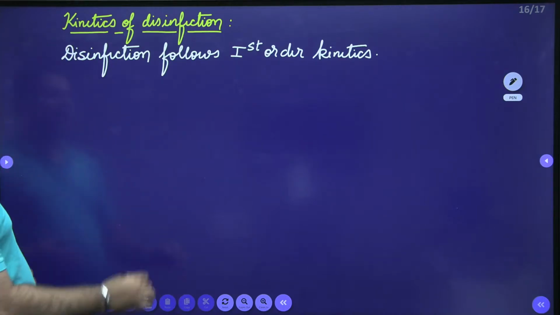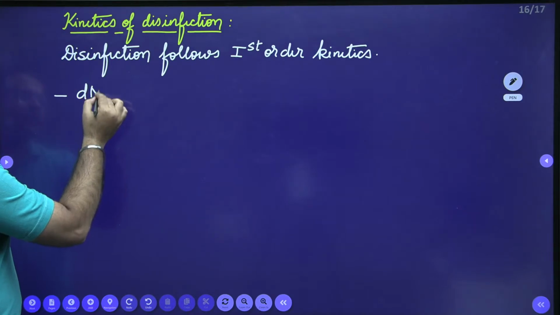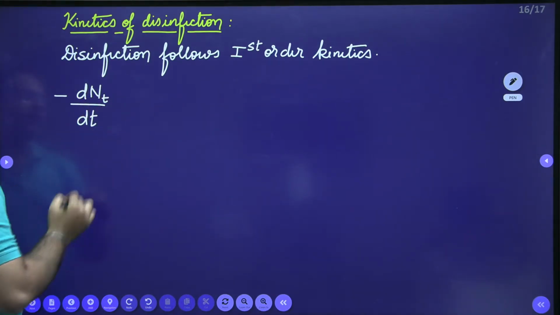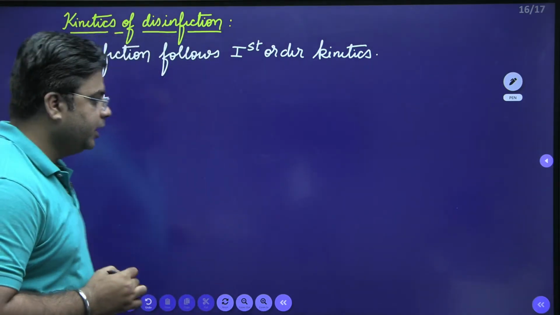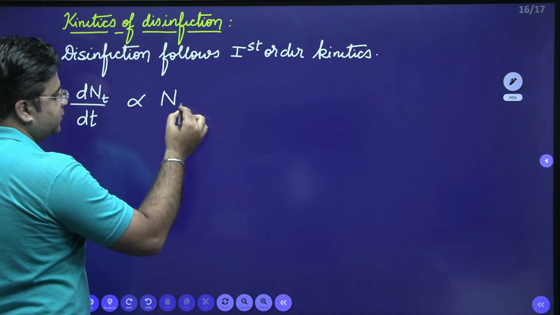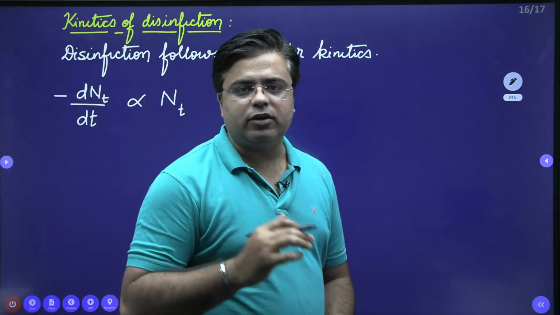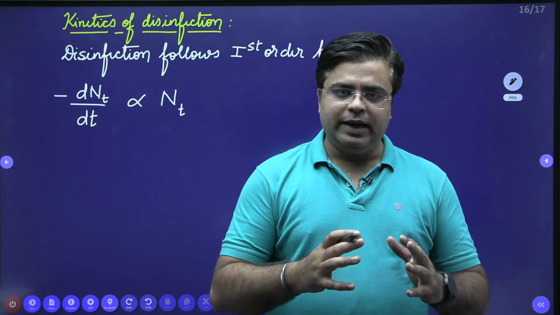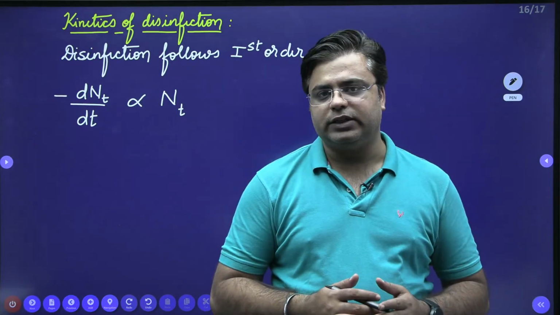It means the rate of killing of microorganisms, dNt by dt, is directly proportional to the number of microorganisms present at any time t. More the number of microorganisms, more will be the rate of disinfection. Less the number of microorganisms, lesser will be the rate of disinfection.